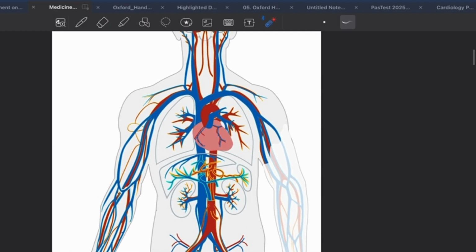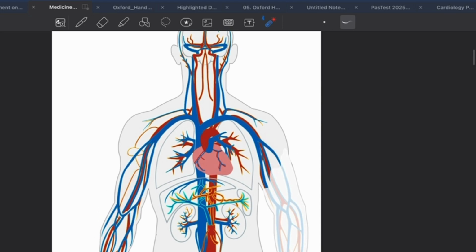Here we can also see blood from the upper part of the body, like our hands, and via the jugular vein it drains into the right side of the heart through the superior vena cava. So again, if right heart failure occurs, the blood is congested into these areas. And how can we see it clinically?